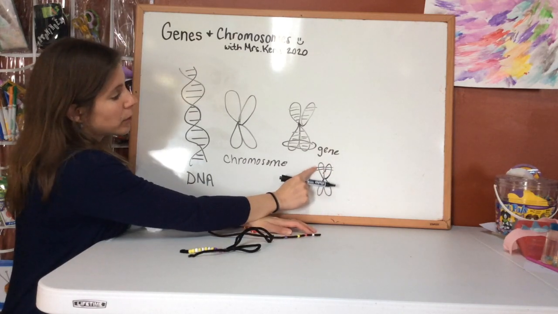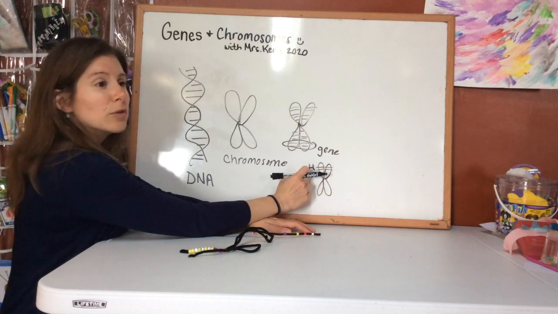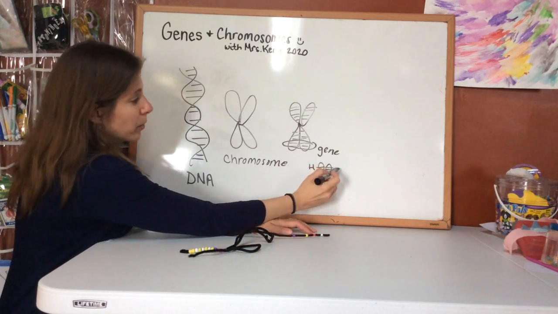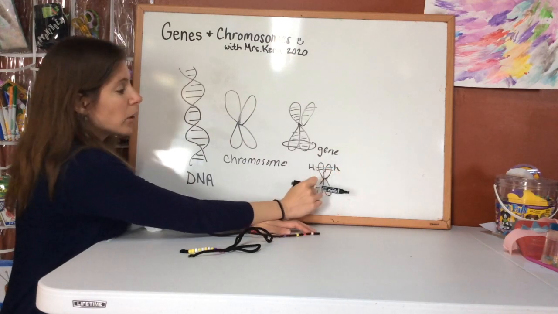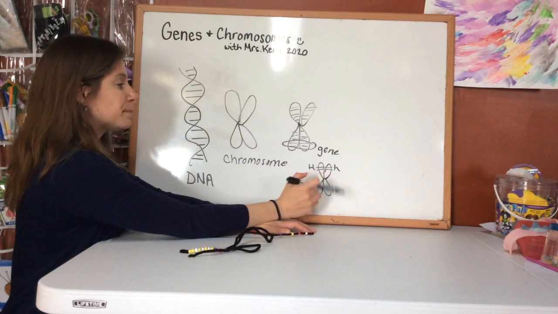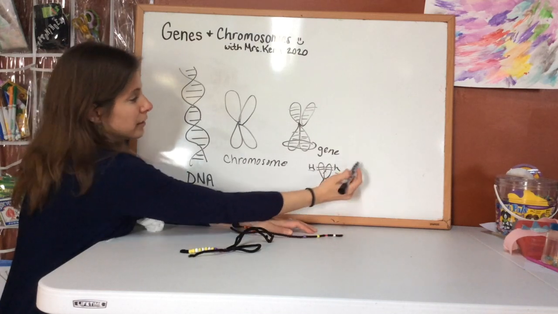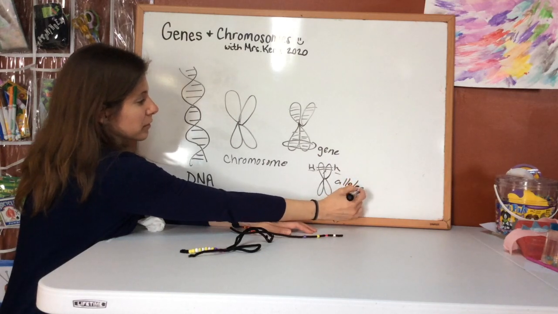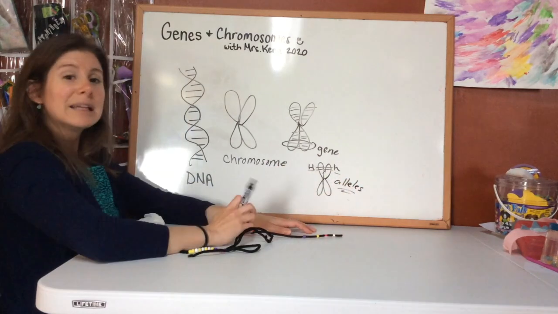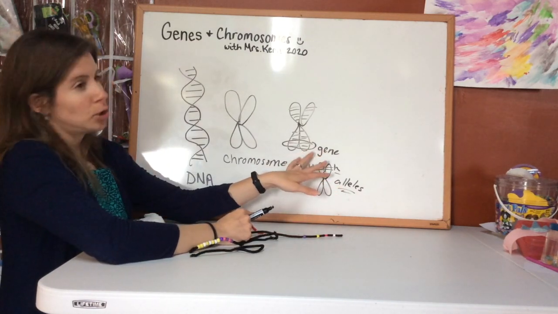Maybe on this part of the chromosome, I have the version for straight hair, but on this part of the chromosome, I have the version for curly hair. These different versions are called alleles. So an allele is basically saying which gene did you get?